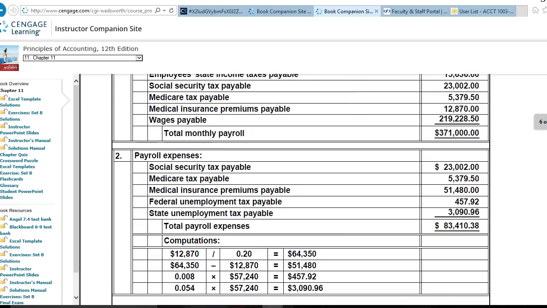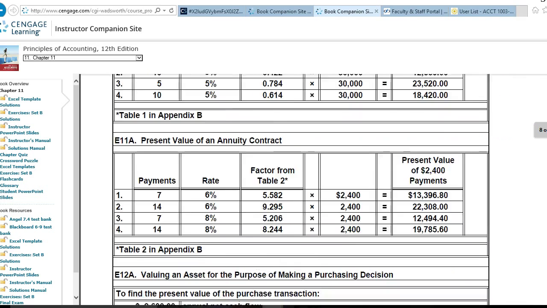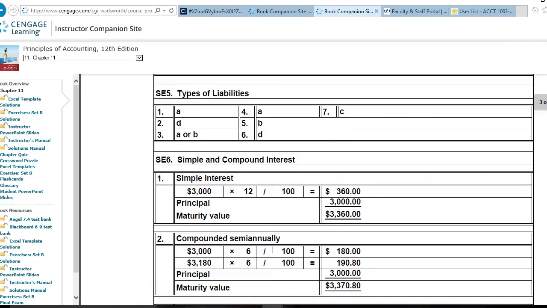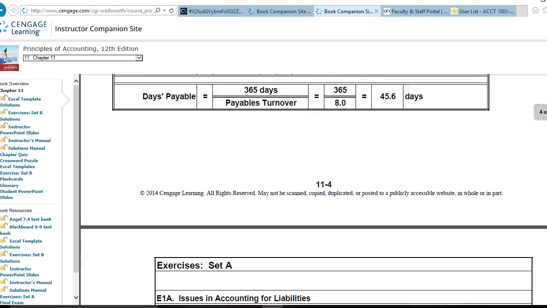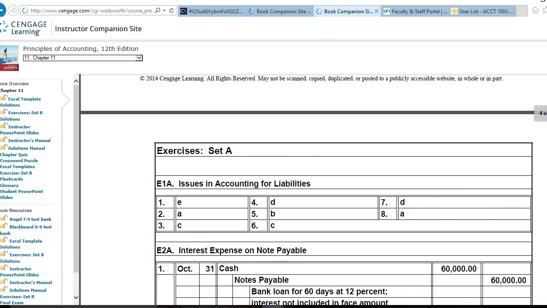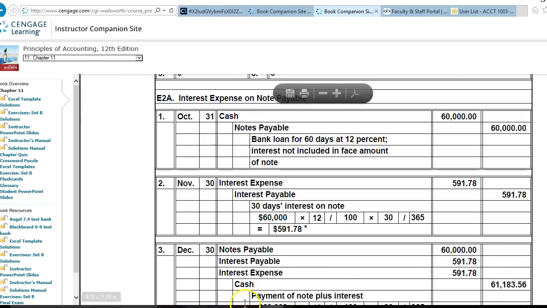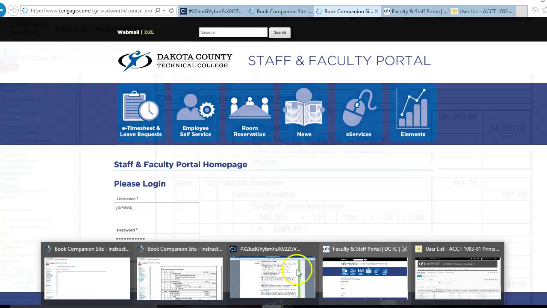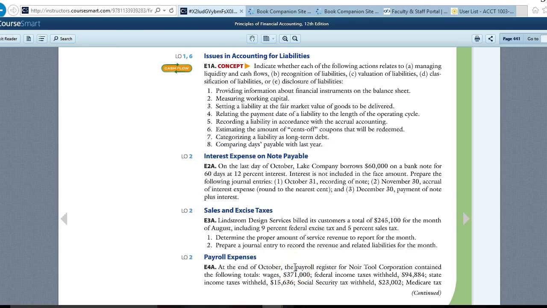E2A basically shows us, okay, sorry about that. On the last day of October, Lake Company borrows $60,000 on a bank note for 60 days at a 12% interest rate.